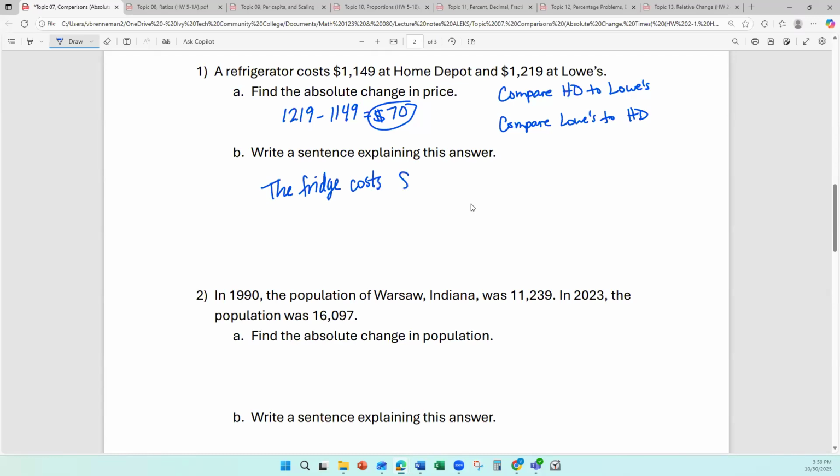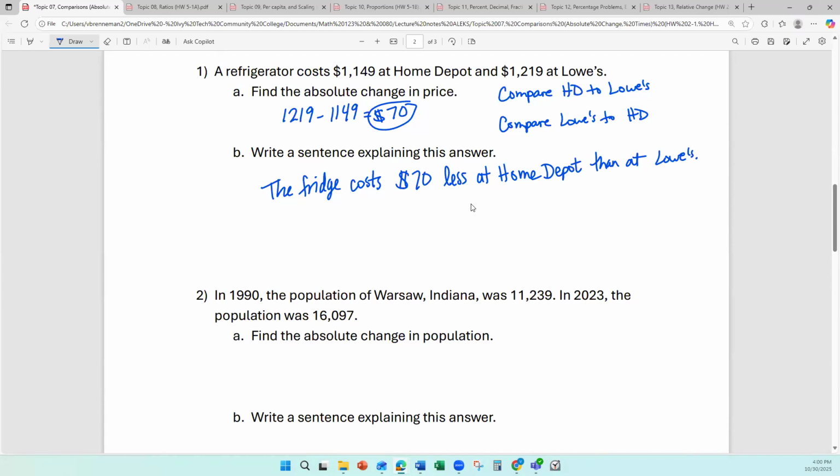costs $70 less at Home Depot than at Lowe's. So notice here when I say Home Depot first and then Lowe's, it's less.